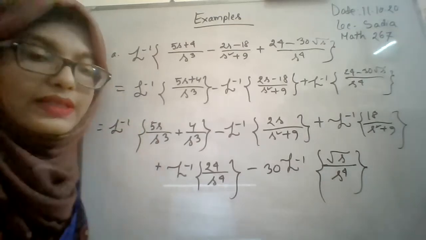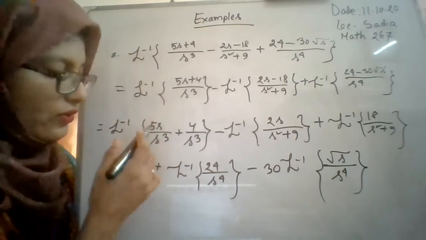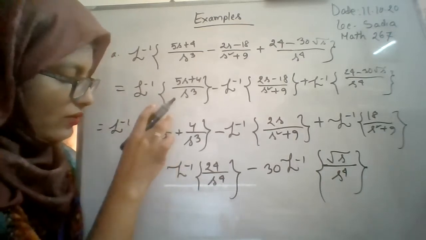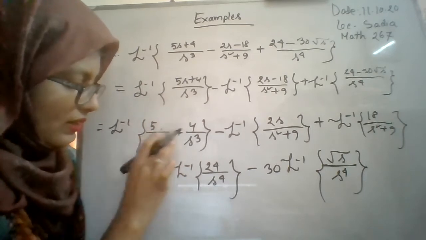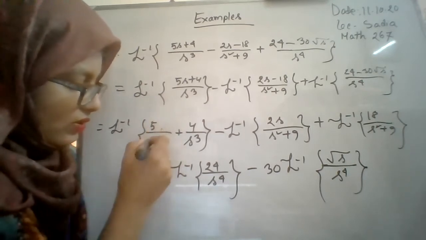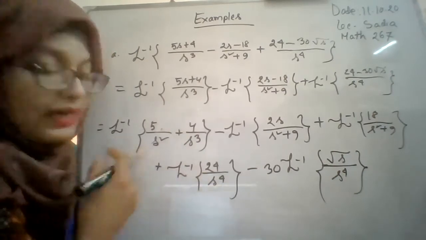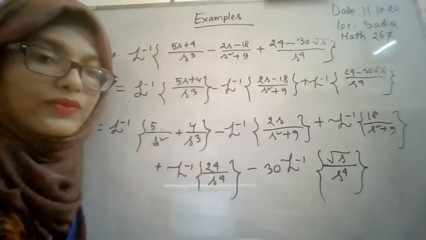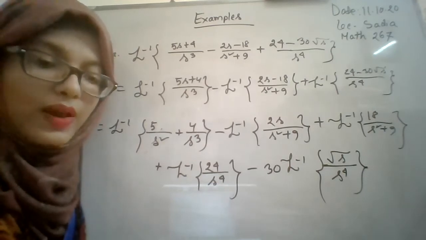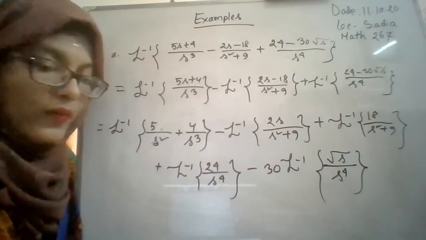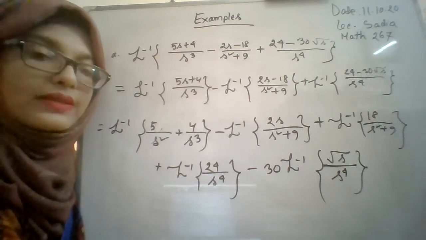Here in the first term, it is find the inverse Laplace transformation of 5s by s cube, and you can cancel 1 s from there. So it will be 1 by s square, right? And the inverse Laplace transformation for 1 by s square is equal to what?